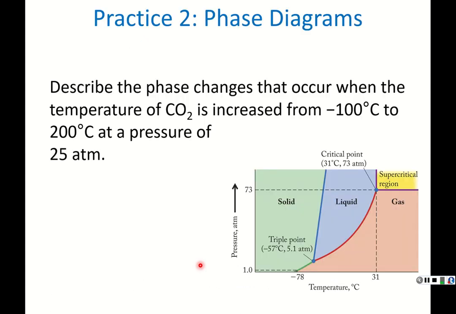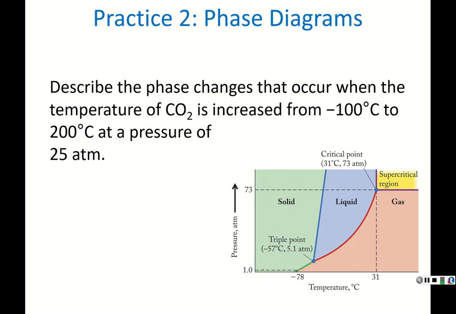Okay, so let's try a practice with this. Describe the phase changes that occur when the temperature of CO2 is increased from negative 100 Celsius to 200 degrees Celsius at a pressure of 25 atmospheres. So let me get my pen. Okay, so to do this, we have to start at a temperature of negative 200.